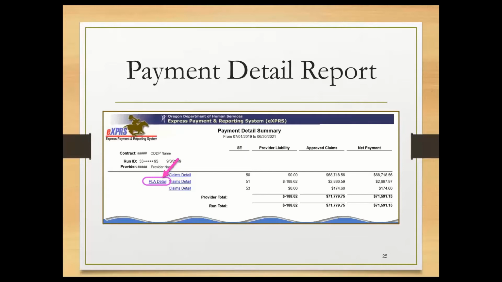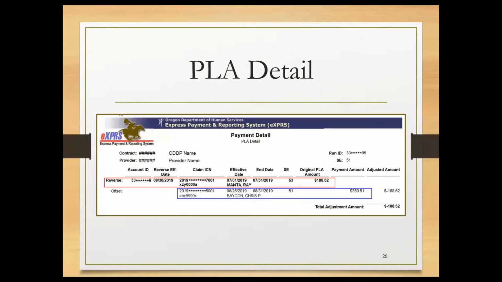And then that will take you down to the sub-report for the PLA detail. And it'll show you outlined in red there, that's the claim that was paid to you, but then later voided for Ray Manta, that created the liability amount of $188.62. And then it shows you the next claim outlined in blue that offset that PLA amount from Chris Bacon.